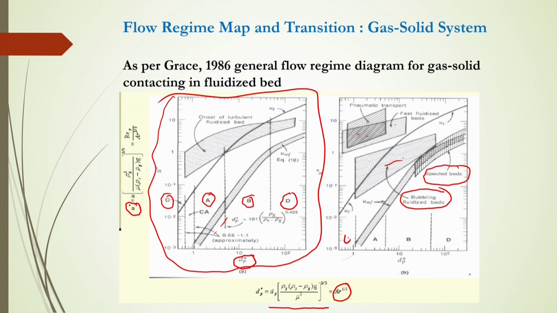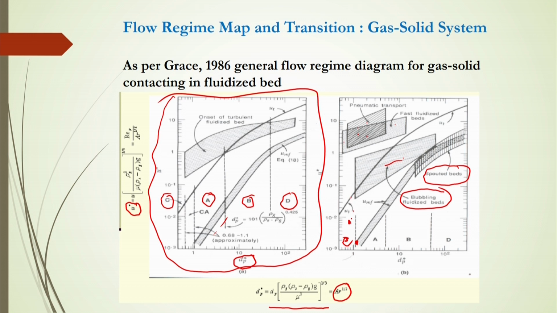What happens if you consider the C particle, at any point here? You will see what the flow regime is at this location. Suppose dp star is equal to 1. If you go up here, this is your minimum fluidization condition, and this is your terminal velocity profile.